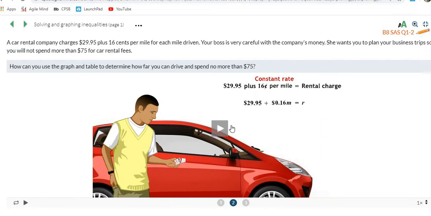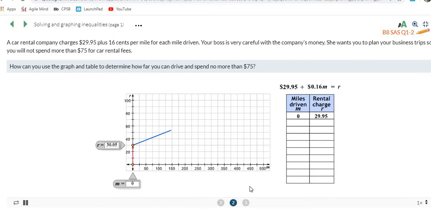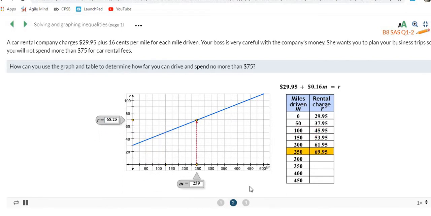So I'm going to graph several various miles. Looks like I counted by 50, looking at various costs.